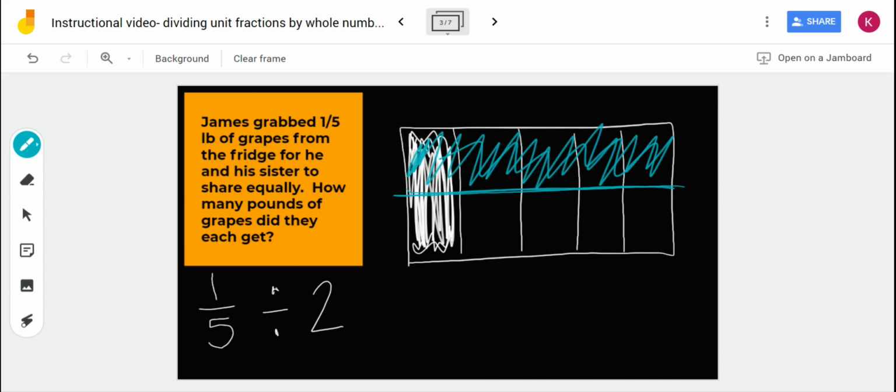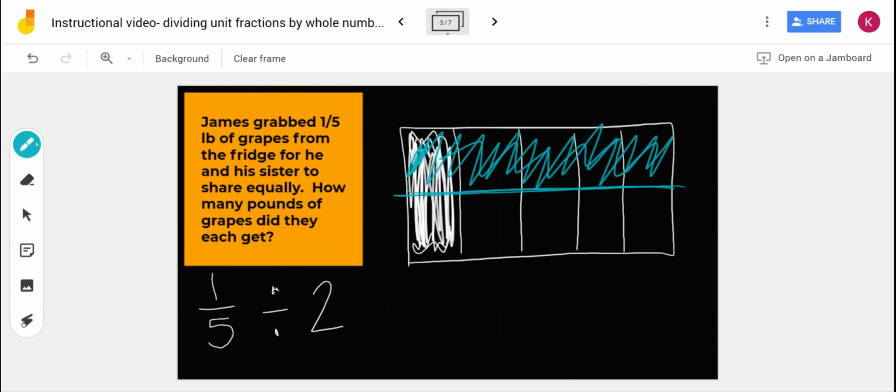We did this previously. I need to look at where my 2 colors, my white and my blue, overlap. I see right here there's only one section where the white and the blue overlap. There's white down here, but there's no blue. Over here, there's lots of blue, but no white. So those sections do not count in my answer. The only part that counts in my answer is where both colors overlap.